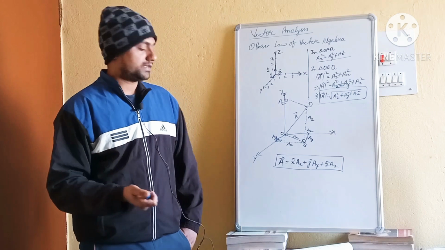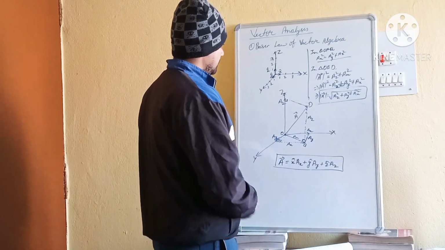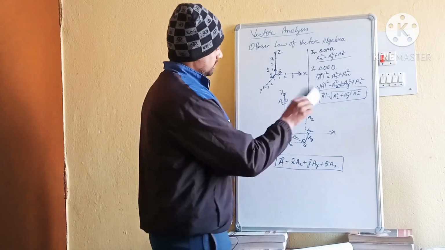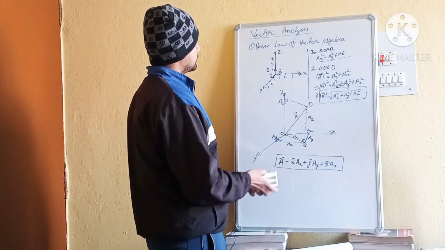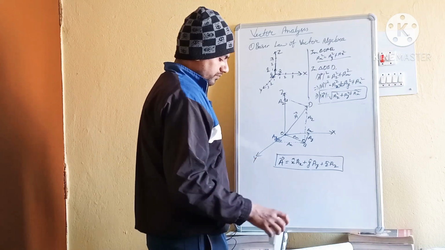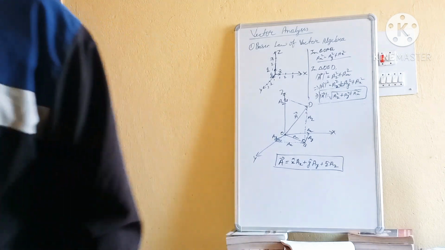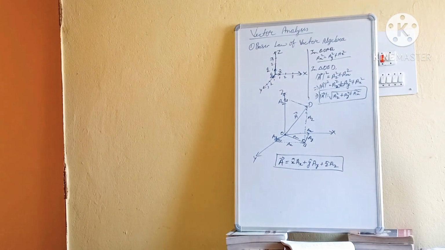So how do we define that particular condition? I think up to here it is clear. Let me check whether whatever I have written is coming clear or not. Okay, yes, that is coming clear.